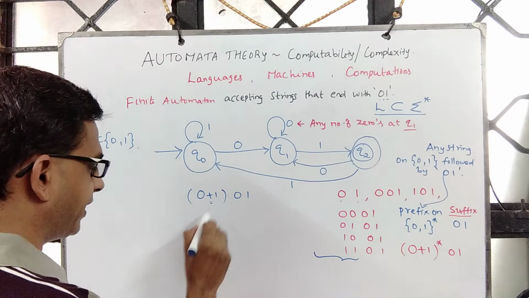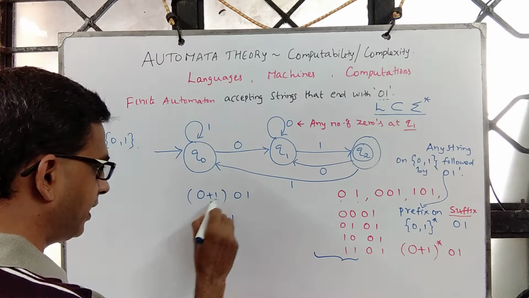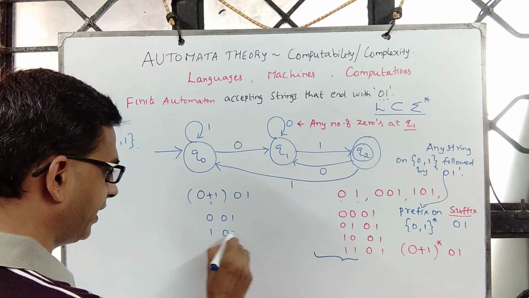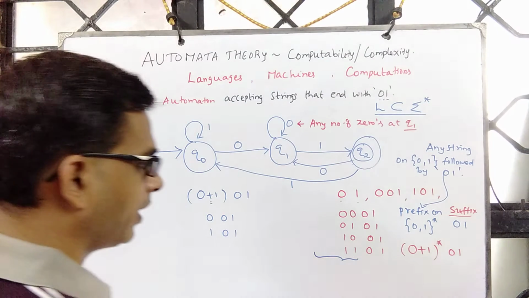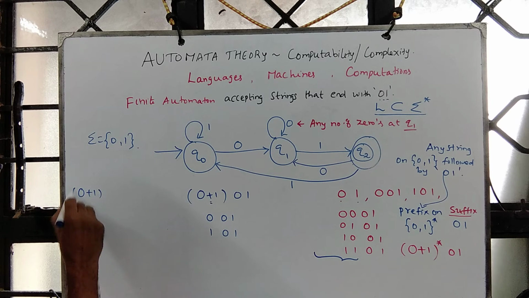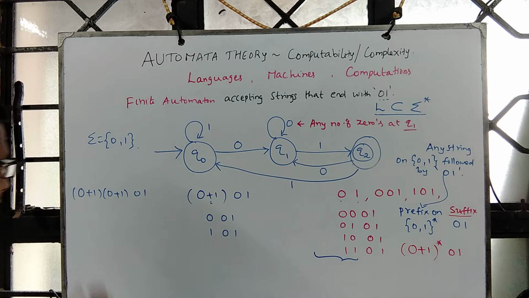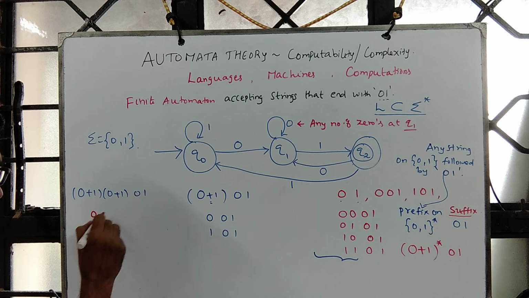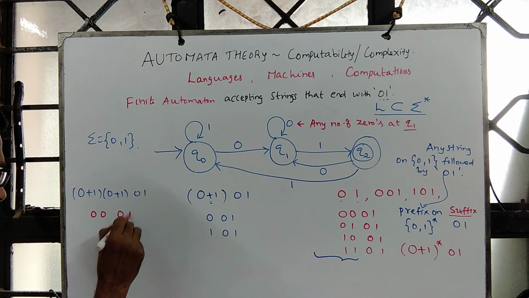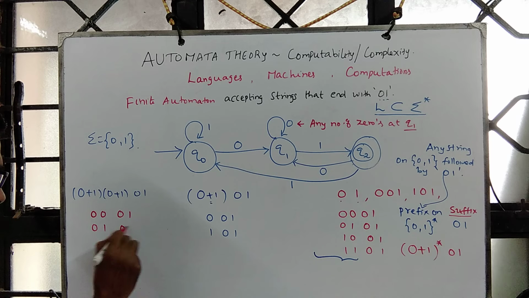Now this is the OR operator. If you take 0 followed by 0 1, or you take 1 followed by 0 1, and you apply it twice, you get 0 plus 1 times 0 plus 1 followed by 0 1. From this you take 0, from this you take 0, followed by 0 1. From this you take 0, from this you take 1, followed by 0 1. From this you take 1, from this 0, you get this.